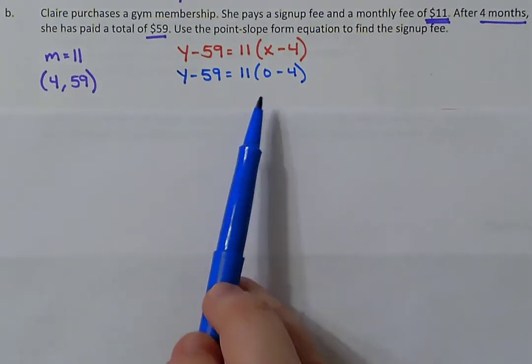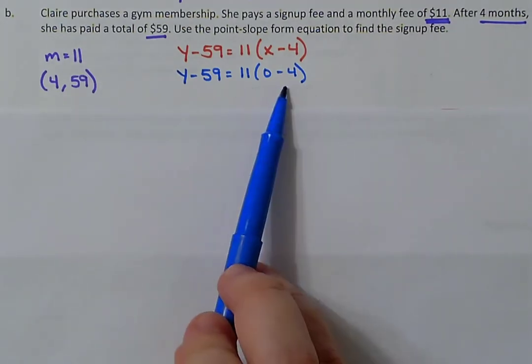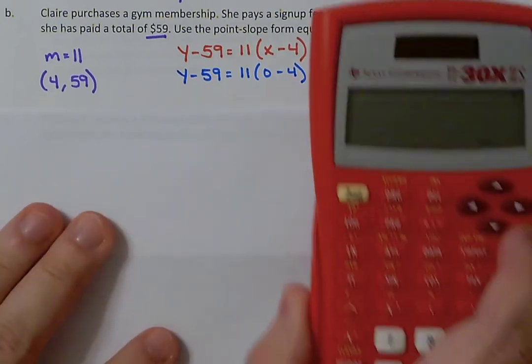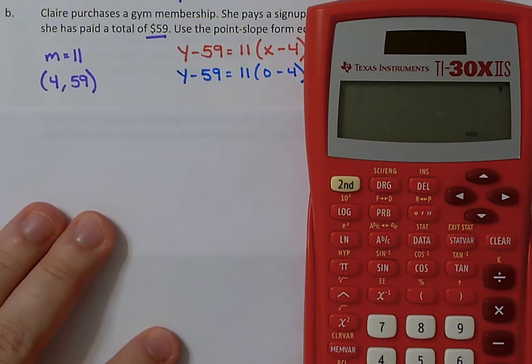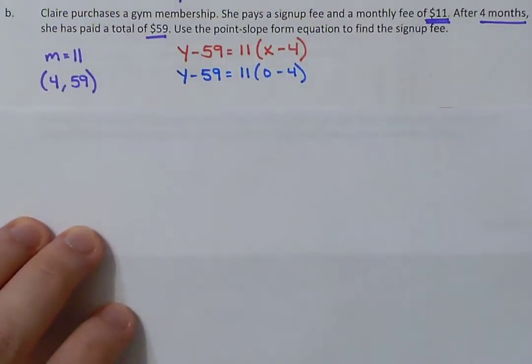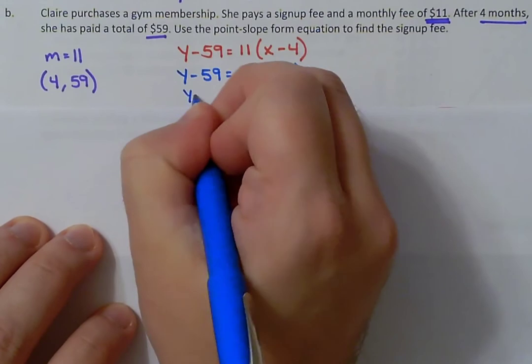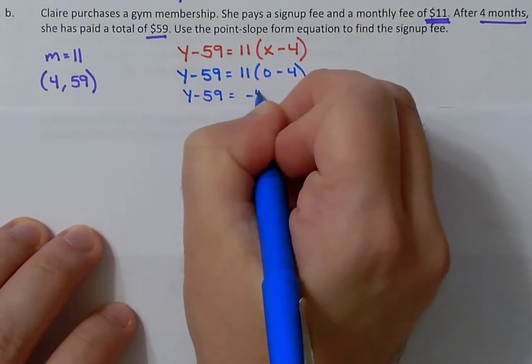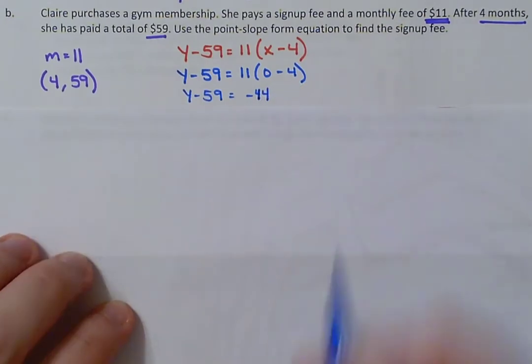All right, so again, I'm going to go through and solve this right side first. So we're going to take 11 times 0 minus 4, and I end up with negative 44. So I have y minus 59 equals negative 44.